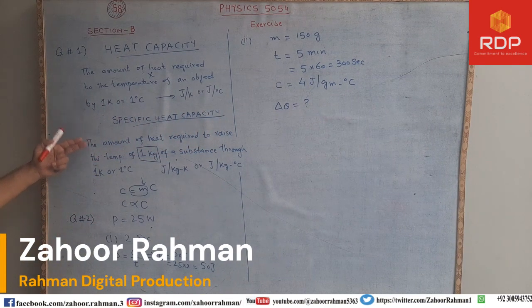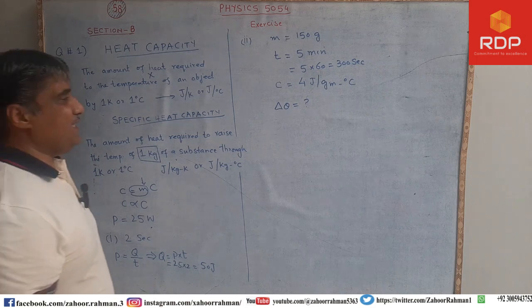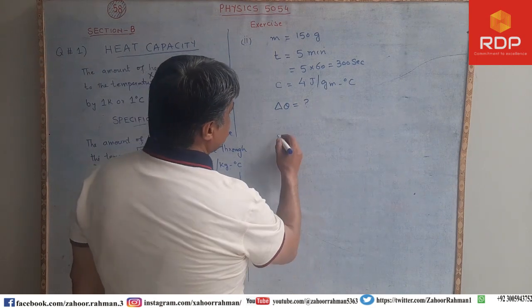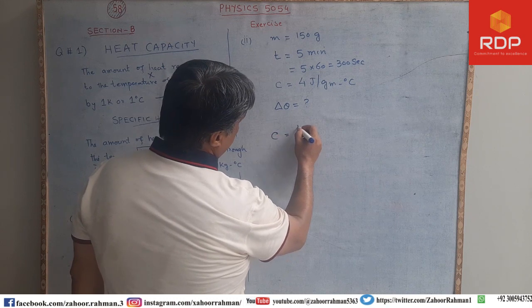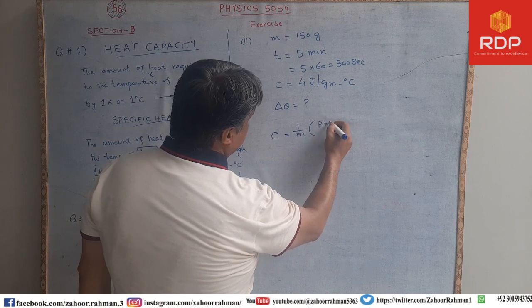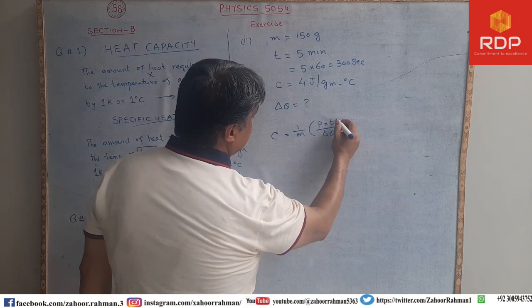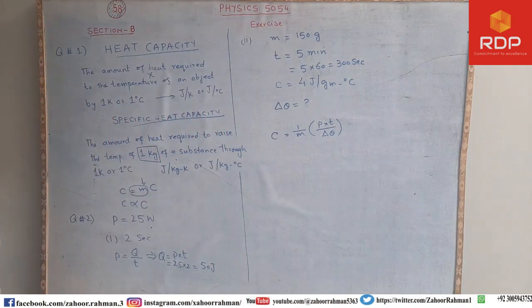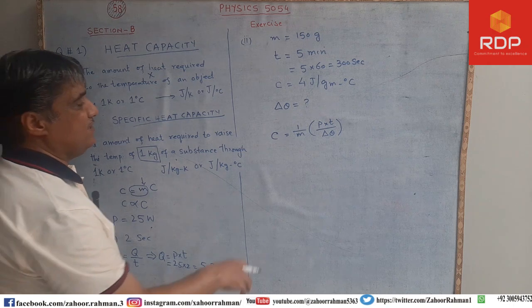So keeping in mind the data in the first part and second part, we can write that smaller c is equal to 1 over m, P cross t, divided by delta theta. Ladies and gentlemen, we have to put all the values first.